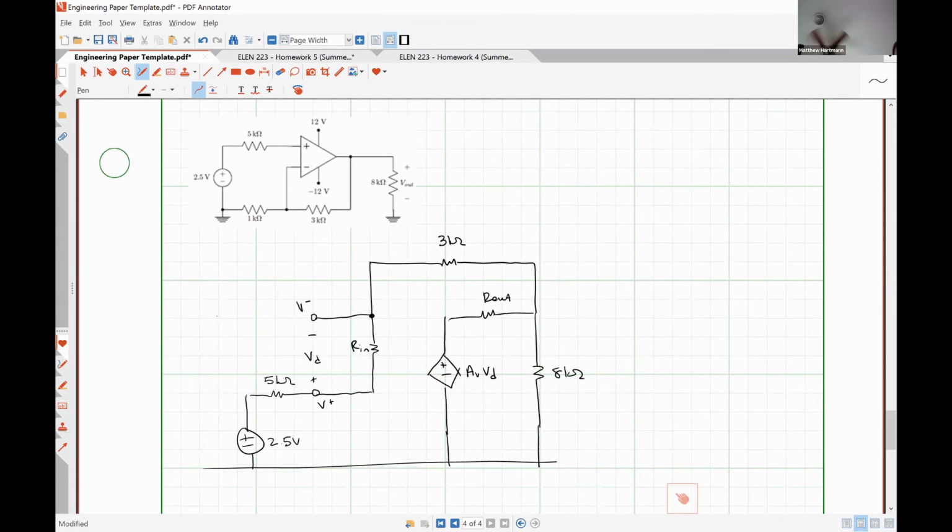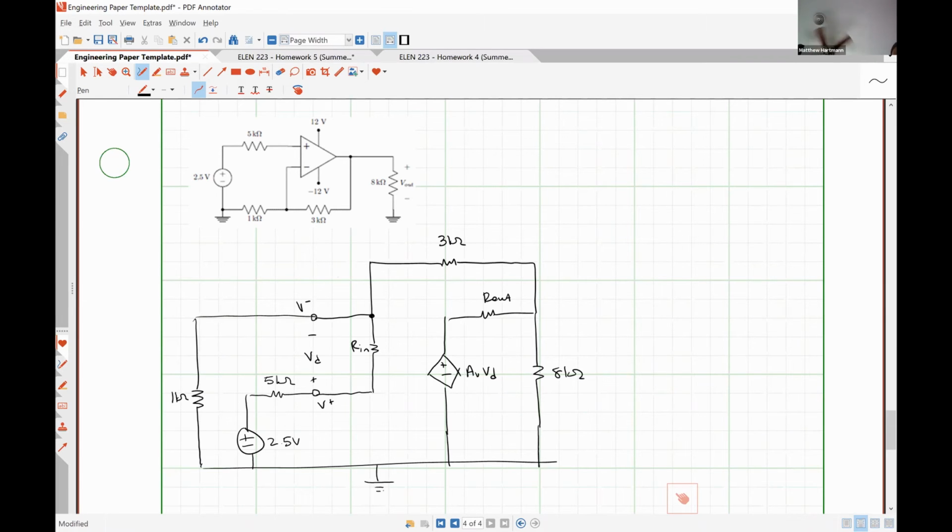And then this is my 1 kilo ohm resistor. Let me double check that I've drawn this correctly.